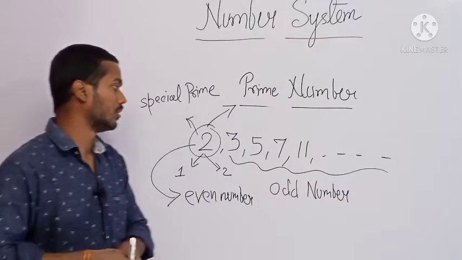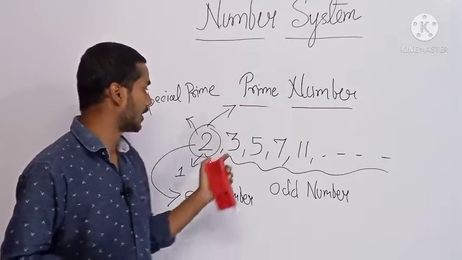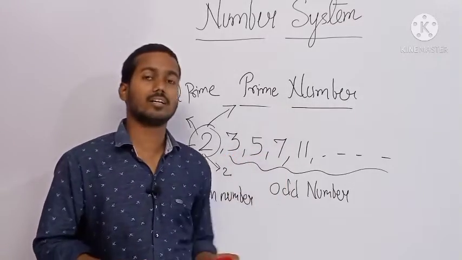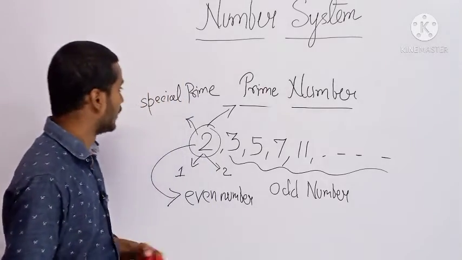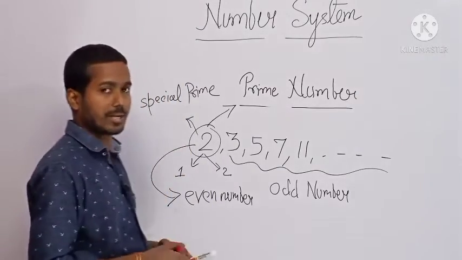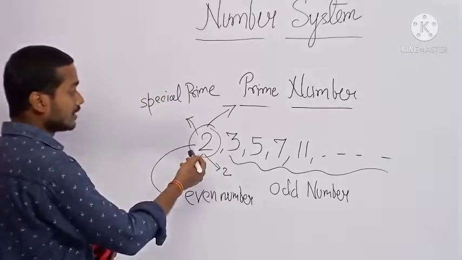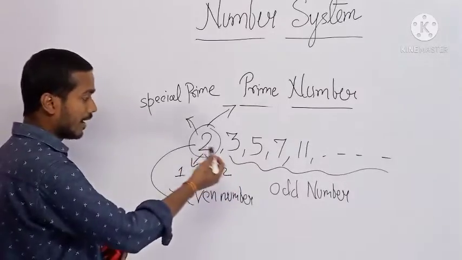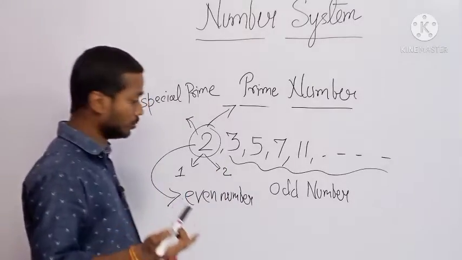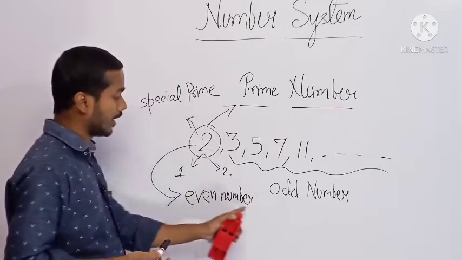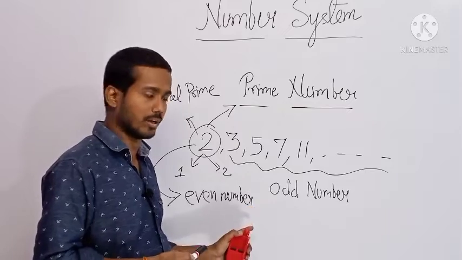After 2 you cannot say that any other even number is a prime number. So that's why 2 is a special prime number, because it is divisible by 2 and 1, it has only two factors, 1 and 2, and it is also an even number.